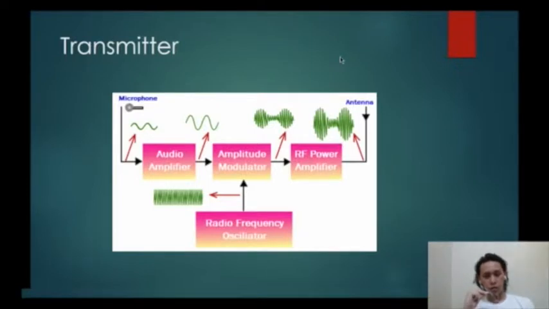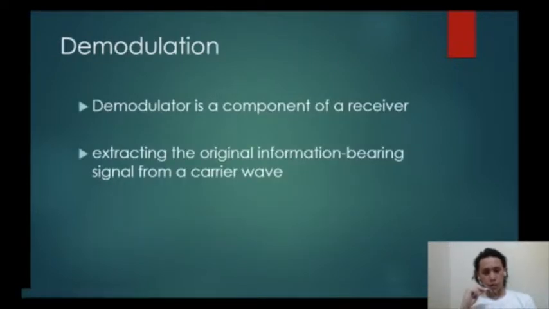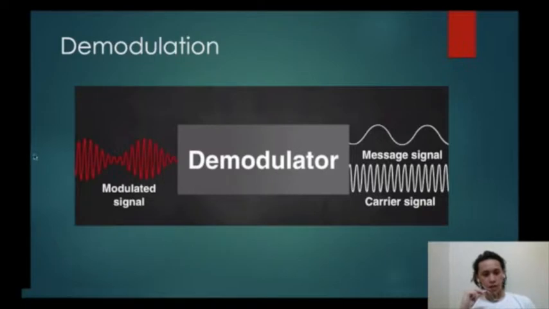Yung demodulator naman is nakadaan na siya sa channel. Ito na yung part na siya ng receiver. Ito na yung modulated signal natin. I-extract niya ngayon yung input signal doon sa carrier signal. Again, mas mataas yung frequency ng carrier signal kesa sa message signal.